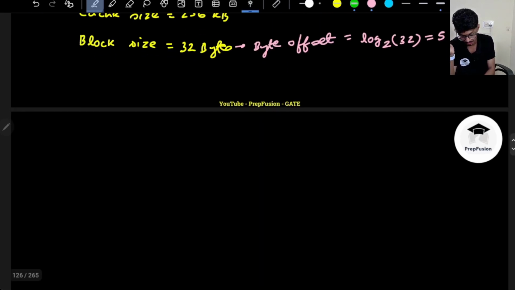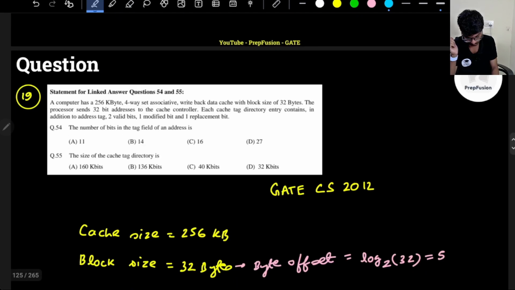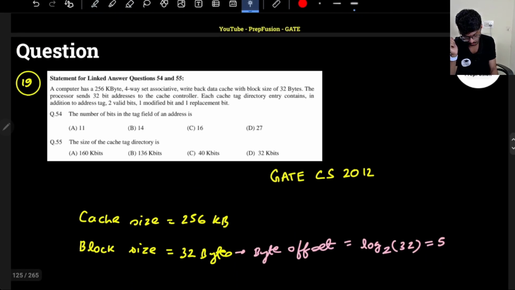That means the main memory address has 32 bits.